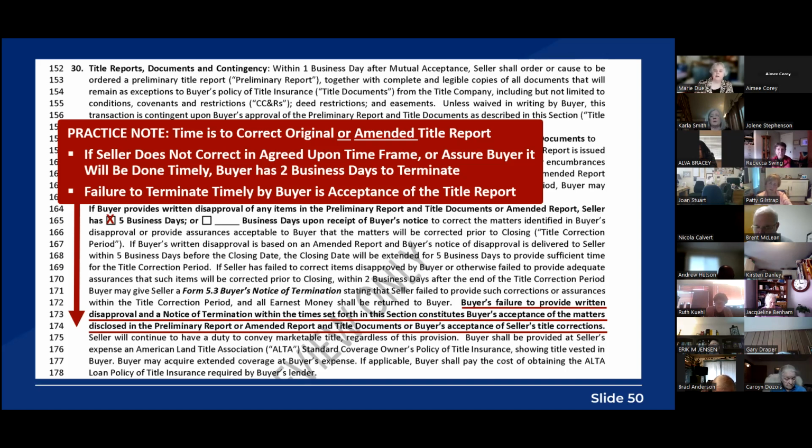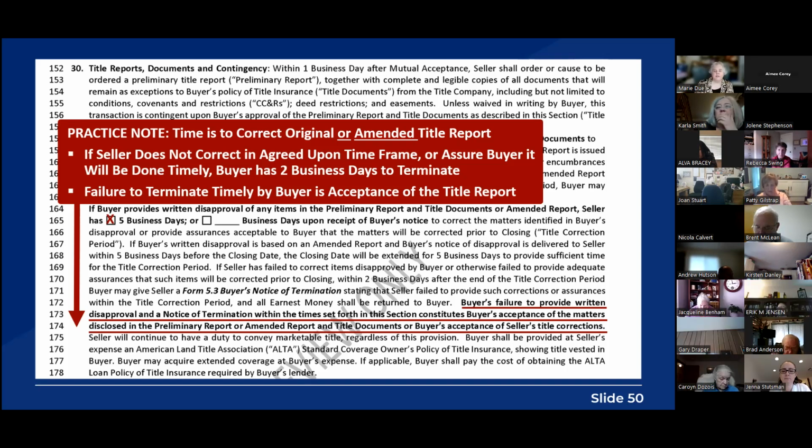Please read it. I know we have the saying, RDR, realtors don't read, but read the title report, make sure everybody understands what's on it, and go through and look at your timeframes. If it looks like it's going to be a complicated piece of property, you may want to have more than 5 business days for the buyer to review it.